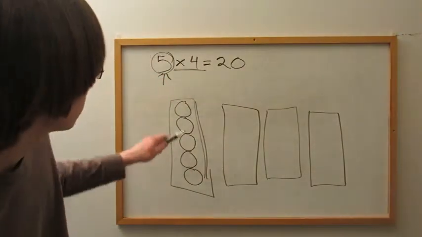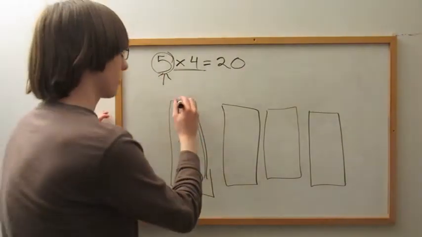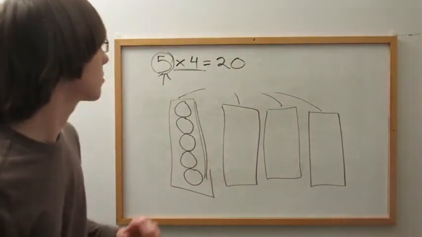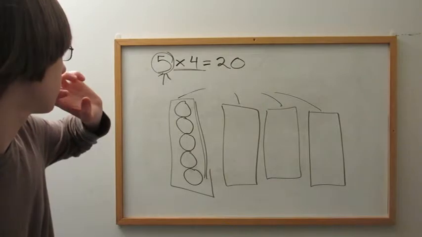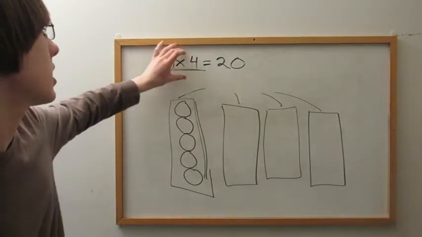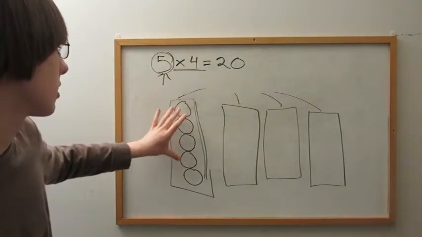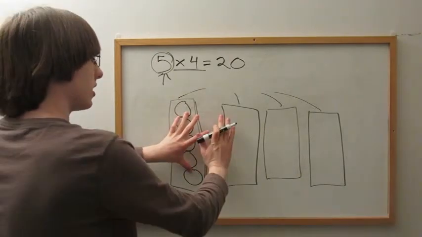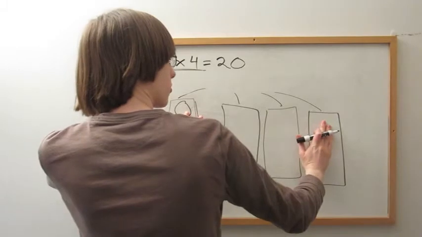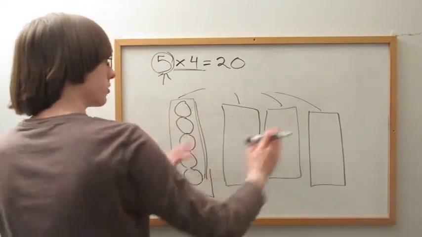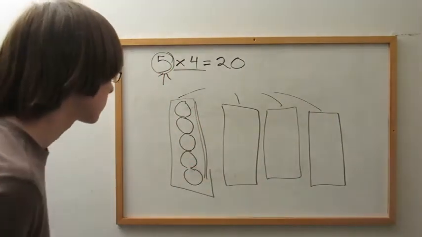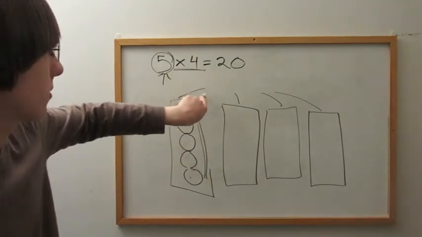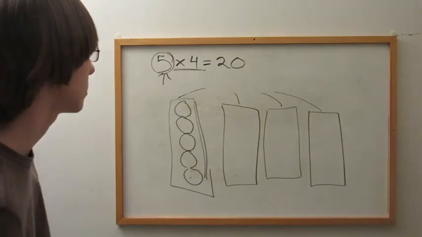So you see we have 4 groups, right? So that makes sense there. And this times means that you're taking however many in the group, and then having it distributed across 4 of these groups. So you're going to have 5 in a group, and you're having 4 groups.